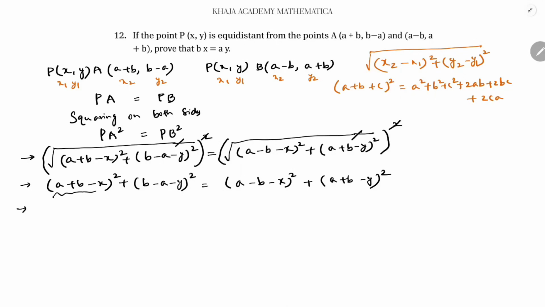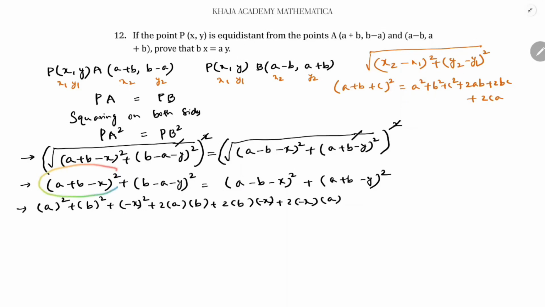First I'll write for this term: a square plus b square plus c square plus 2ab plus 2bc plus 2ca. So here it is a, b, while writing c, write minus x. So the expansion of (a + b − x) whole square is done.